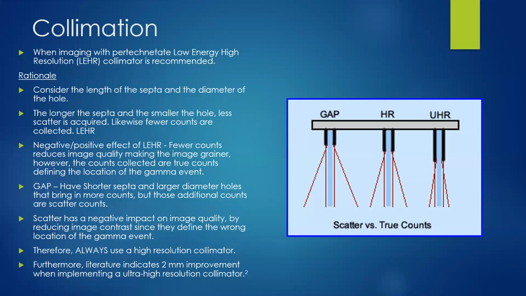I don't know if blurriness is the right word, but you're going to lose contrast in that process. Final note here: if you have an ultra high resolution collimator, according to the literature, you can improve your resolution by as much as 2 millimeters.